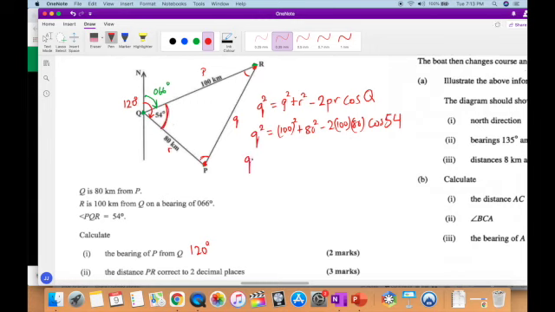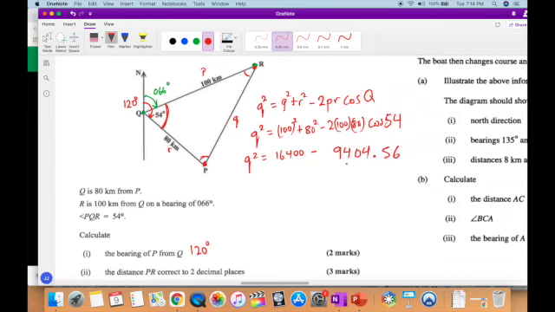So 100 squared plus 80 squared gives me 16,400, minus 200 times 80, 16,000, times the cos of 54, which is equal to some big number there, 9404.56.